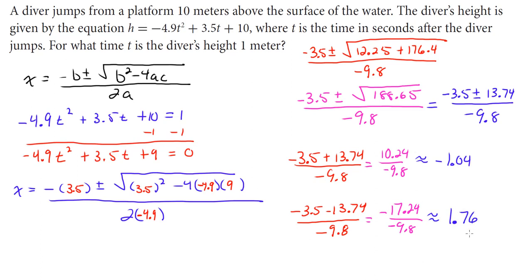Now, remember, when we're dealing with a real world situation, like here we're measuring the amount of time it takes for the diver to reach a height of 1 meter, well, we're counting time in seconds, and we cannot measure time in negative seconds. So the answer of negative 1.04 seconds doesn't make sense. So the answer that makes sense is 1.76. So it takes the diver about 1.76 seconds to reach a height of 1 meter.